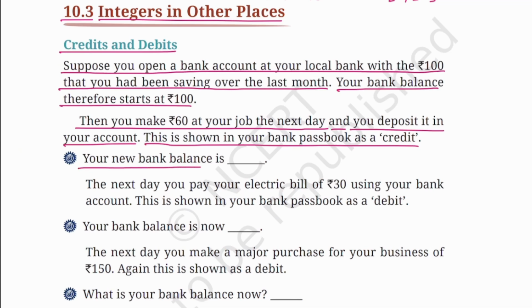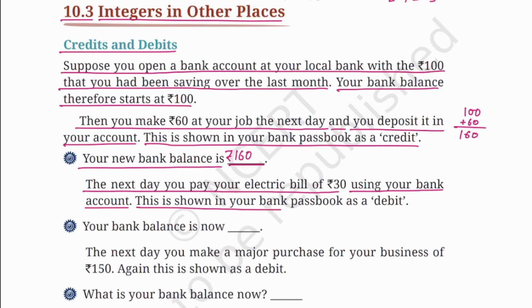Your new bank balance is dash. You already had 100 rupees, then you add 60 rupees. Your bank balance now is 160 rupees. The next day you pay your electricity bill of rupees 30 using your bank account.